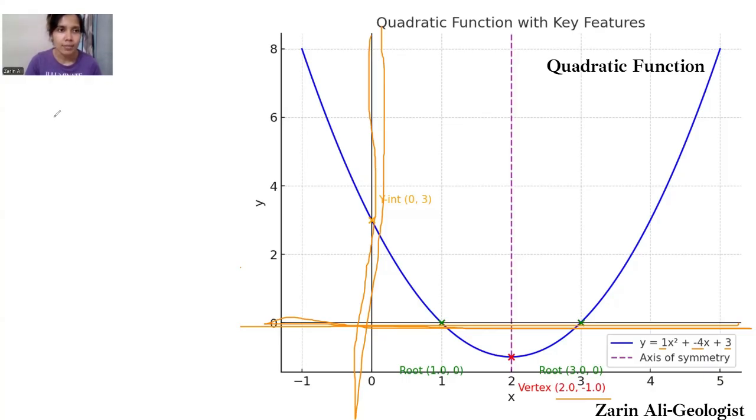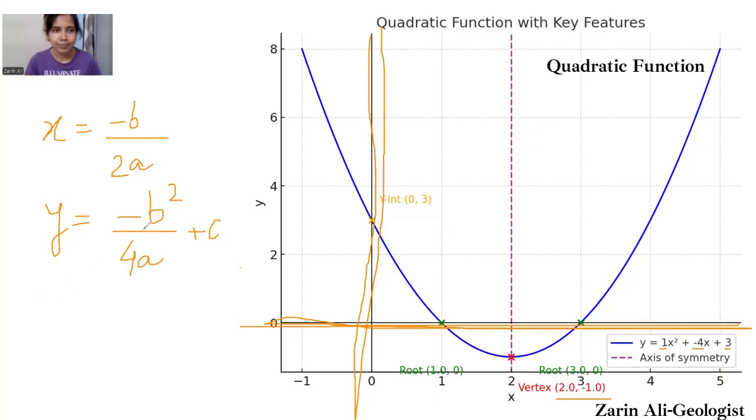For the vertex, we have this formula for point x, which you can write as minus b by 2a, and the value of y will be minus b square by 4a plus c. Or in a reverse way, you can just say it's c minus b square by 4a, which is fine.